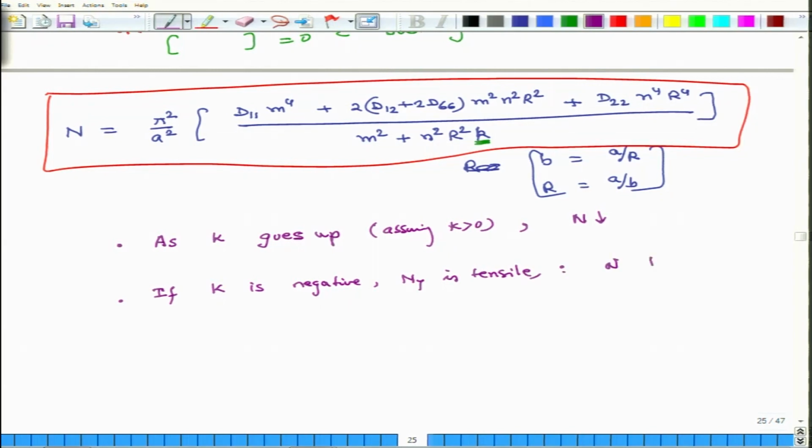That N goes up, N goes up. So, plate tends to become more stable. So, this is something important to understand. Okay. And the mode shape depends on m and n, and which in turn is related to aspect ratio of the plate.